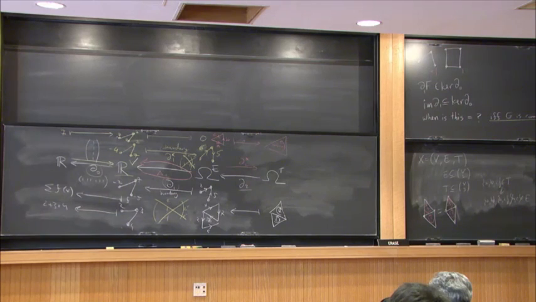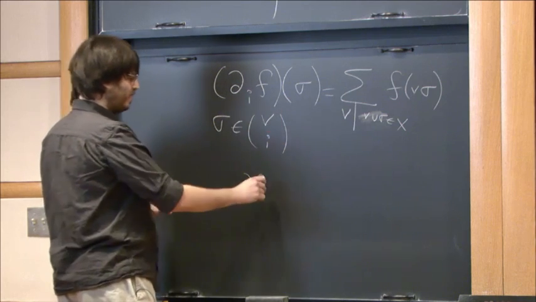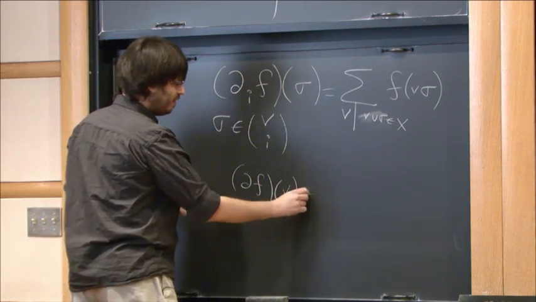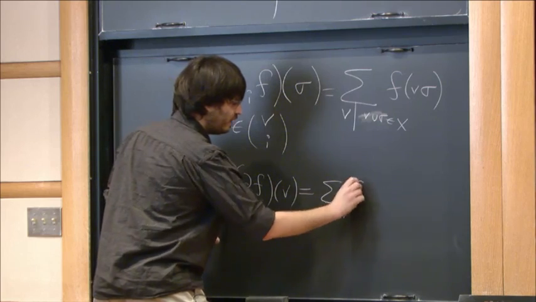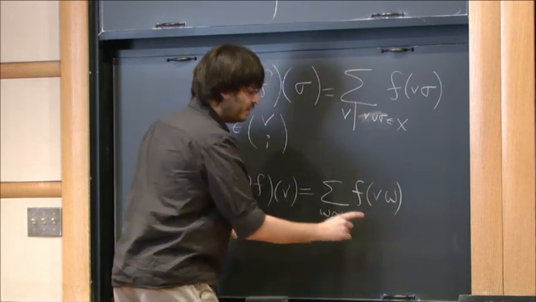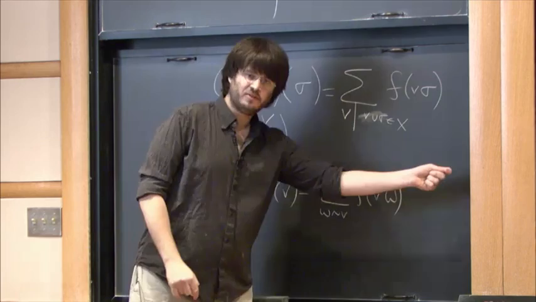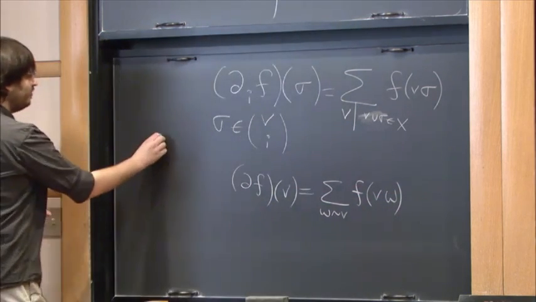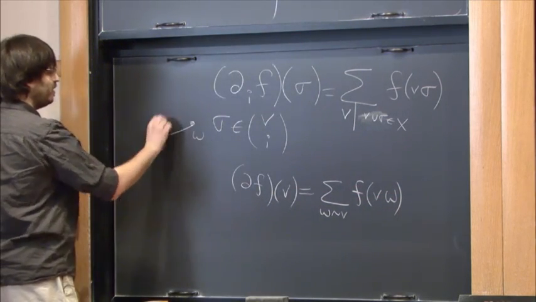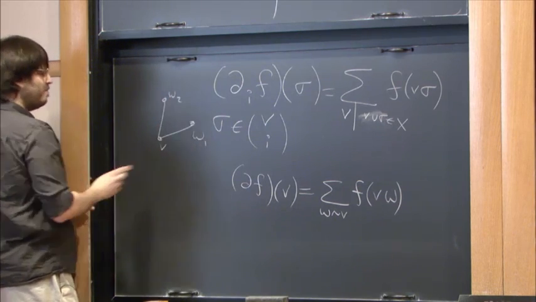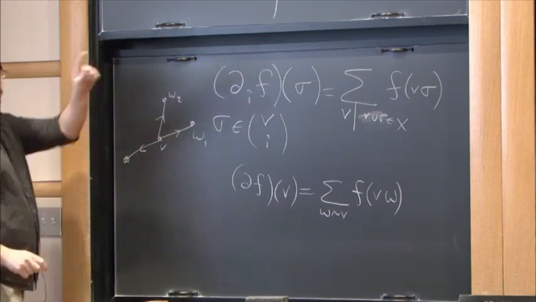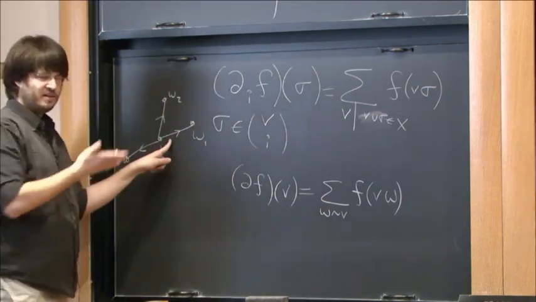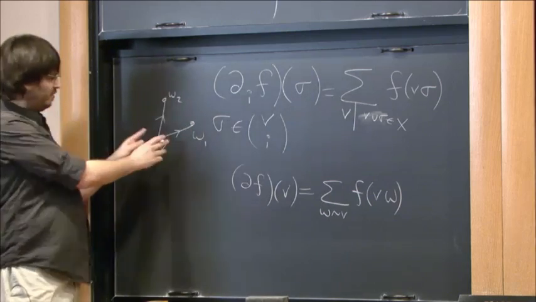I want to understand what happens. So this is for a vertex, right? I look at a vertex, and then I look at all the W which are adjacent to it, and I look at VW. But the direction here is important. It's V going to W. So if my functions look like this, here is V, here is one W, here's another W, I measure them going like this, all of them. When I put examples, I always put an arrow in the positive direction. But here it will not be positive.